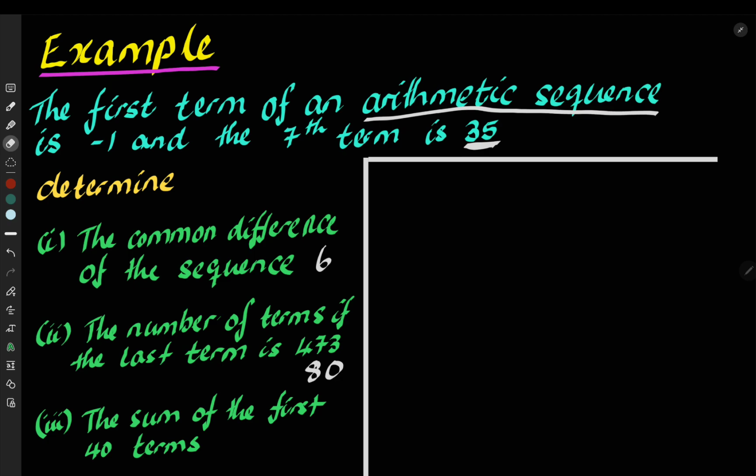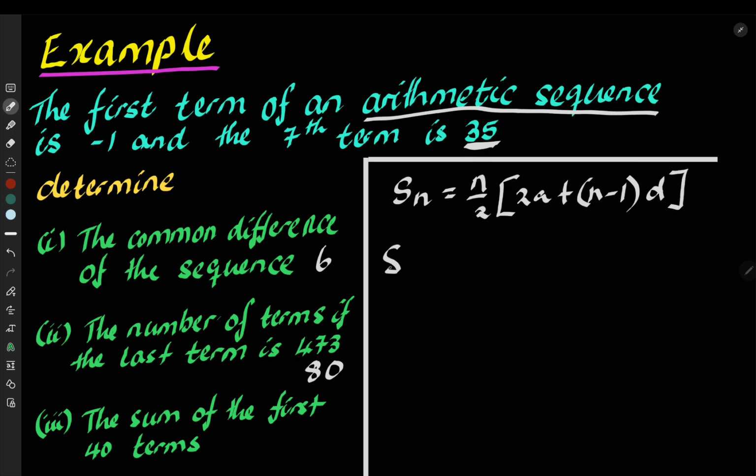Now, for the last part, we are asked to determine the sum of the first 40 terms. Remember, the moment they are talking about the sum of the arithmetic sequence, you remember your formula. We don't know the last term here, so we'll say Sn is equal to n over 2 bracket 2a plus n minus 1 bracket times d. In this case, we want to find S40.